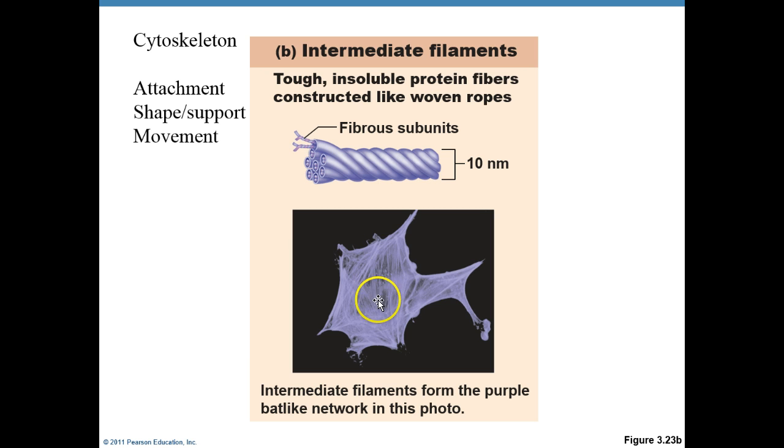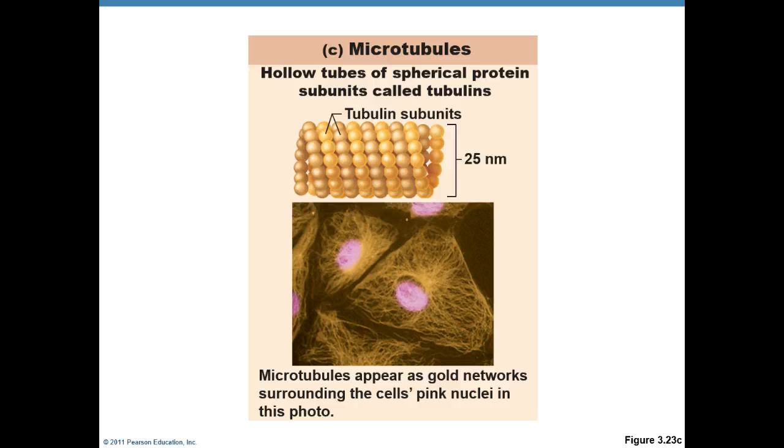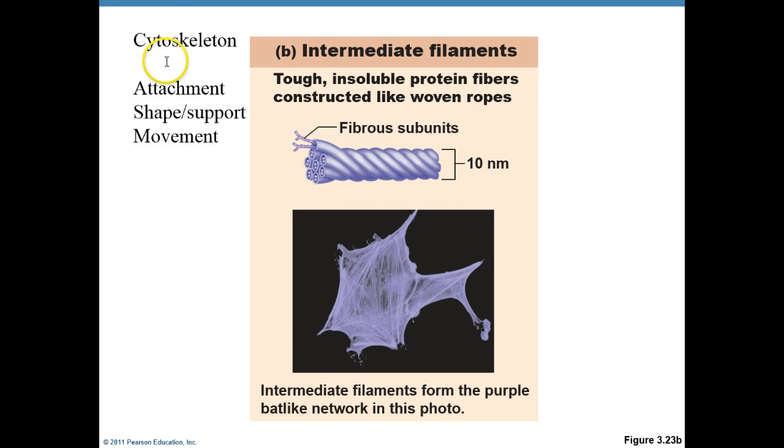So if you look at these streaks here in this photomicrograph, these are intermediate filaments, and they run like cables across the cell, and your cells can actually load stuff, attach things to those fibers, and then there are proteins that crawl along those fibers and can transport things from one part of the cell to another. There are a number of different types of proteins that make up your cytoskeleton, but for now, even though you can see microtubules and intermediate filaments, just know that this is what the cytoskeleton does.